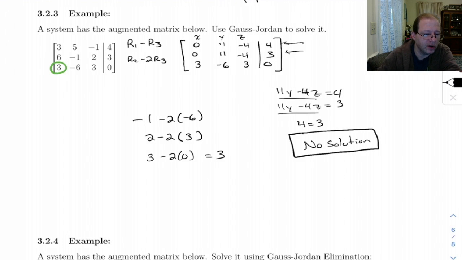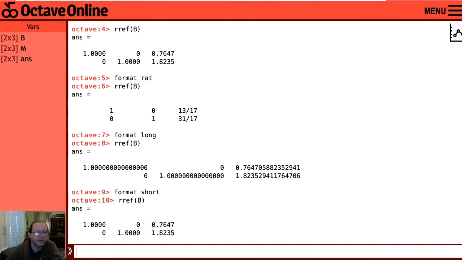Now let's look at it on Octave. I'm going to type it in. I tend to use M for my matrix just because, M for matrix. But let's type that in and then see what happens when we row reduce it. 3, 5, negative 1, 4, 6, negative 1, 2, 3, 3, negative 6, 3, 0.